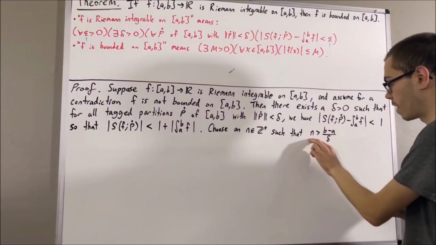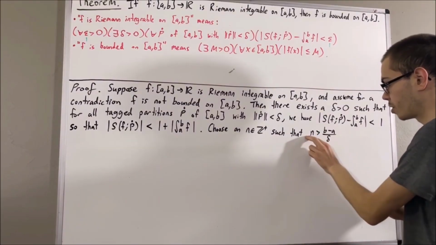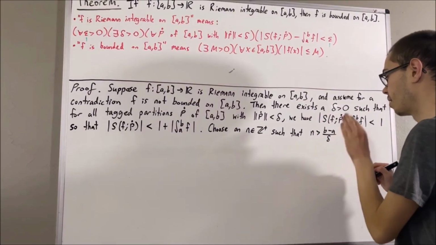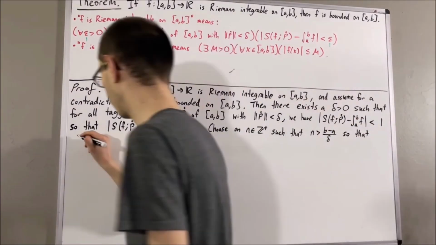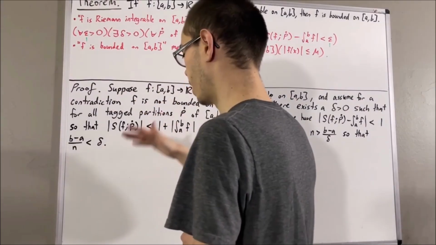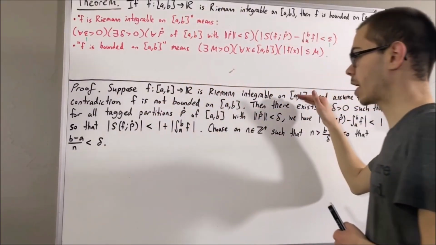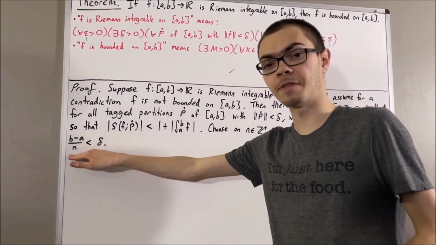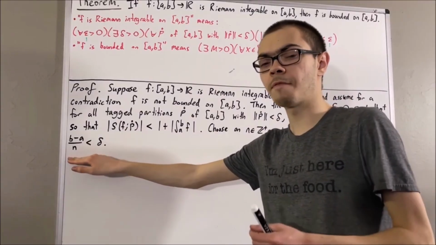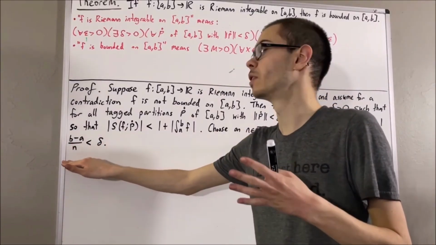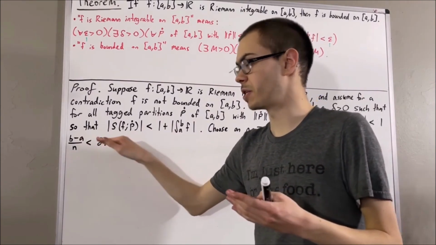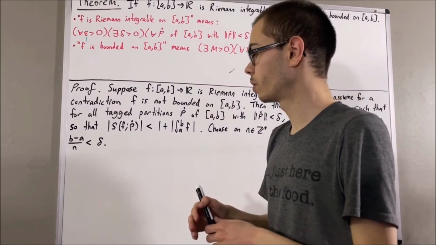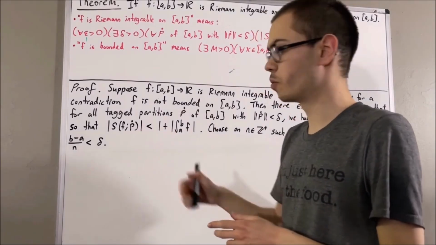So then, dividing n to the other side and multiplying delta to the other side, we get (b minus a) over n is less than delta. Well then, the partition of [a, b] with n equal subdivisions will have the length of every subinterval less than delta, and therefore the norm of that partition is less than delta. And so let's call that partition Q.